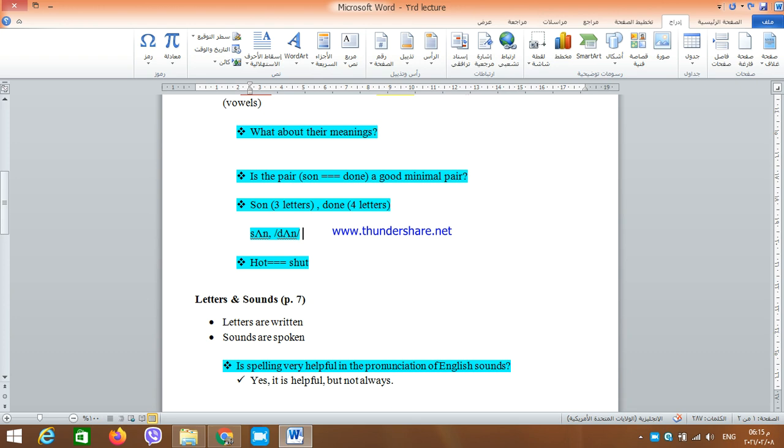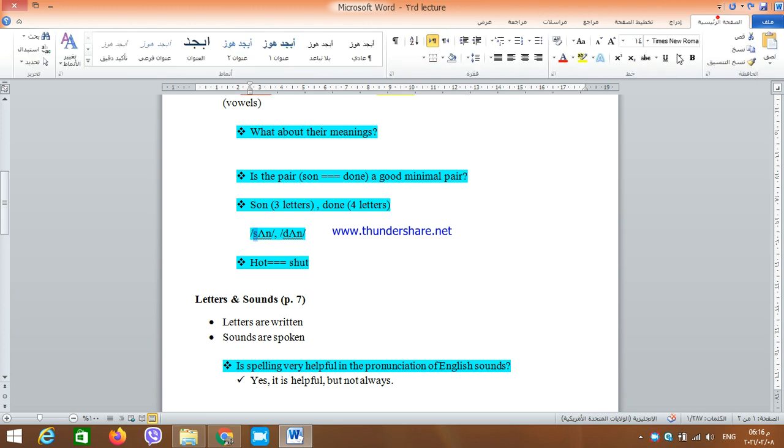So in terms of pronunciation, these two words have similar sounds, except for the first sound. These two sounds are different, while the other two sounds are the same. Correct? So we don't pay attention to letters, we pay attention to sounds.